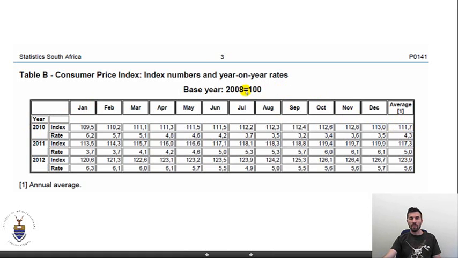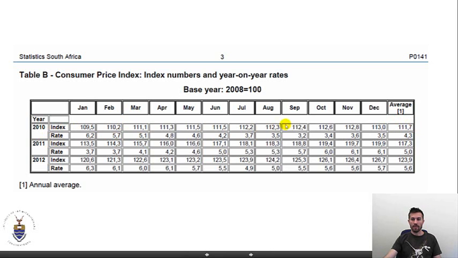If that basket cost 2,000 Rand in 2008, then in 2008 prices that same basket would now cost you 111.7 times 2,000 Rand, which would be 2,223 Rand. So the value of our basket has gone from 2,000 to 2,223, or from 100 to 111.7.